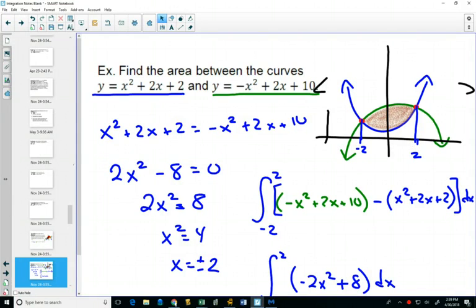How do you know which one to subtract from? You always have the top function subtract the bottom function. Again, that's really easy to see if I move the axes below here. The green one, the y values are higher. Okay?